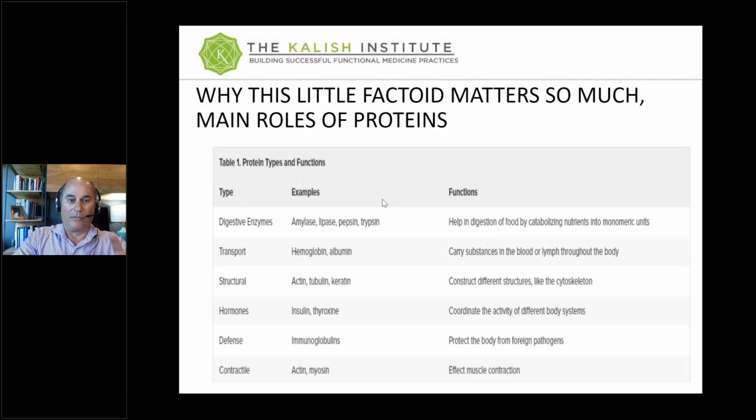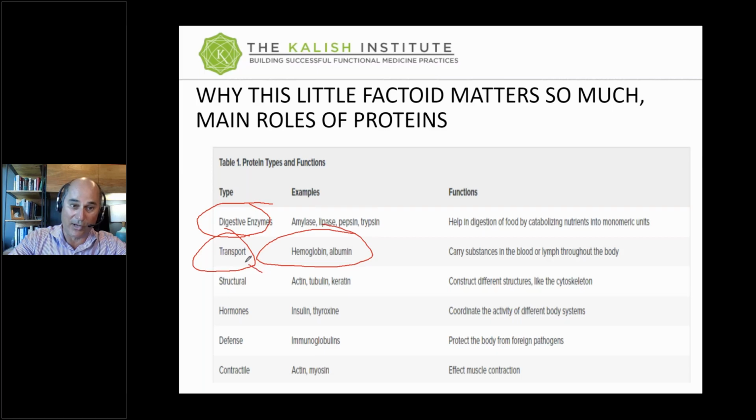Now, once again, this is a little reminder here. Why is this so important, the protein functions? Digestive enzymes are proteins. We have transport proteins like hemoglobin and albumin. We have structural proteins that hold the body together. We have some hormones that are proteins like insulin and thyroid hormone. Defense, I mentioned already, immunoglobulins, antibodies, that kind of stuff.